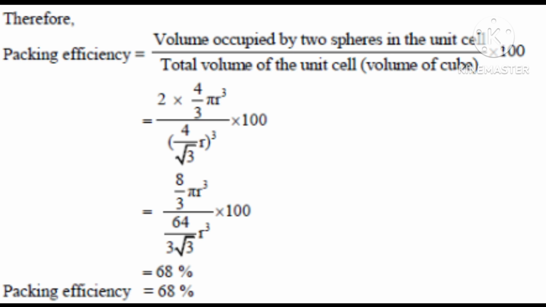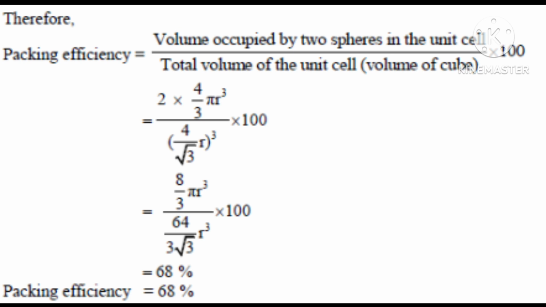Total 3, here also total 3 spheres can be accommodated. Then in the center, means in the body centered, one sphere and the other two are in the corners diagonally. Then total 3 spheres are there.